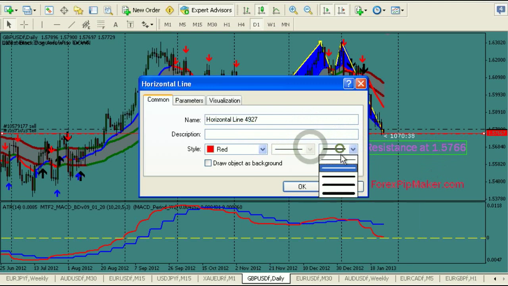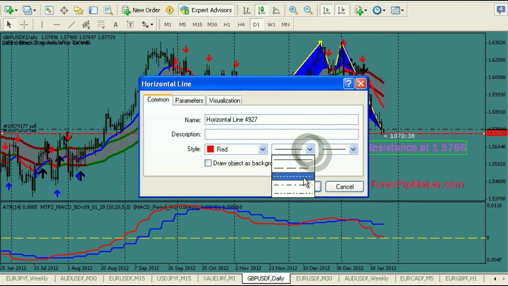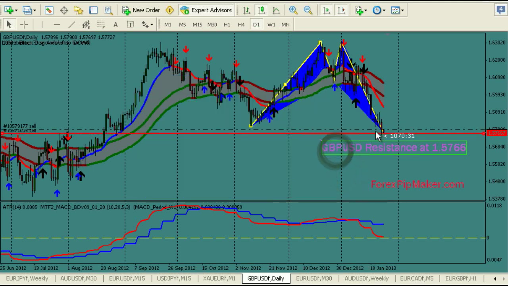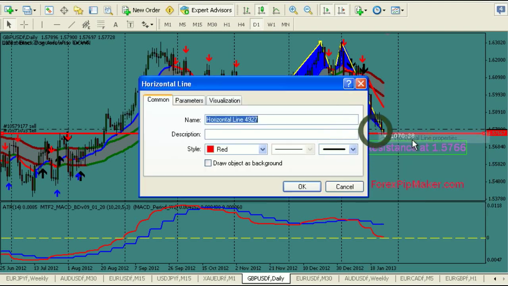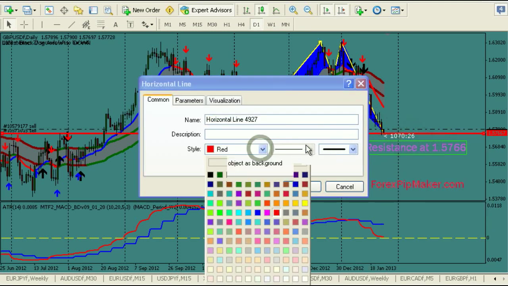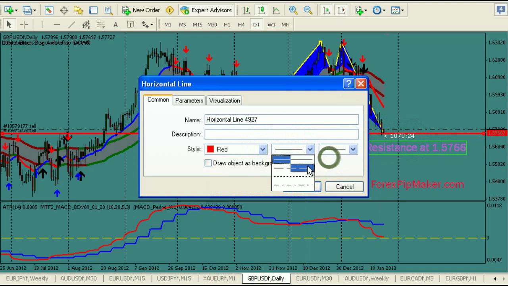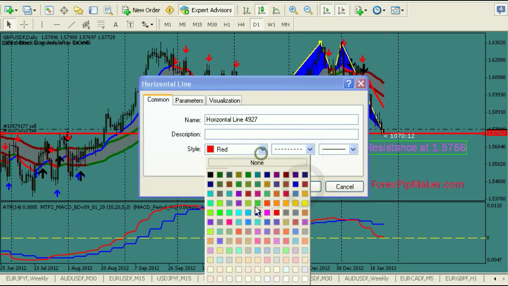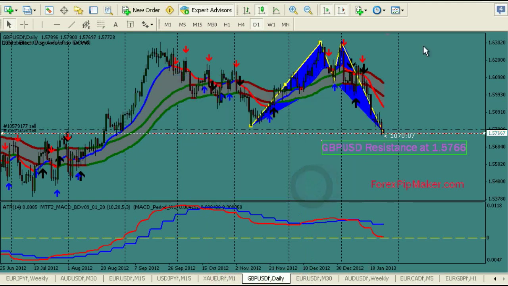Actually, this might as well be dotted, so I'm going to make a dotted line thicker. Okay, so dotted it is. We're going to change the color to white. Alright, so that's our resistance.